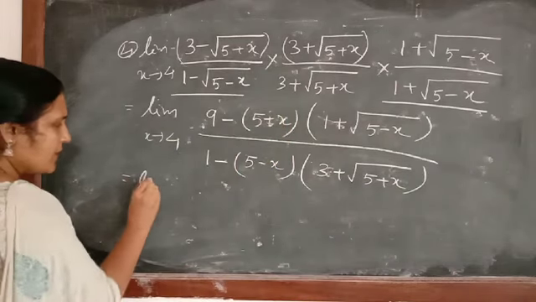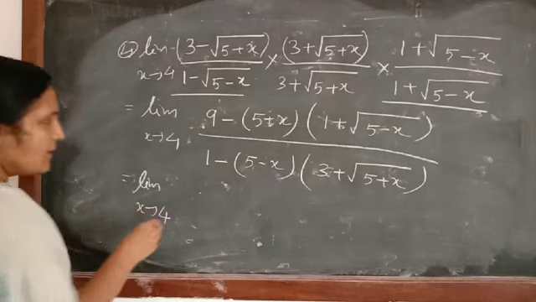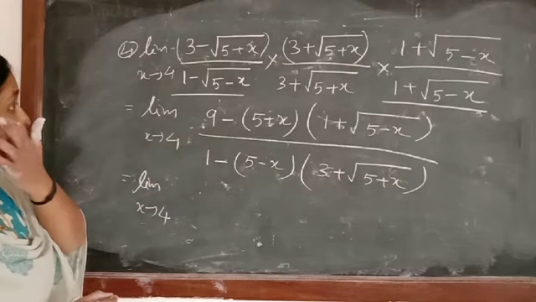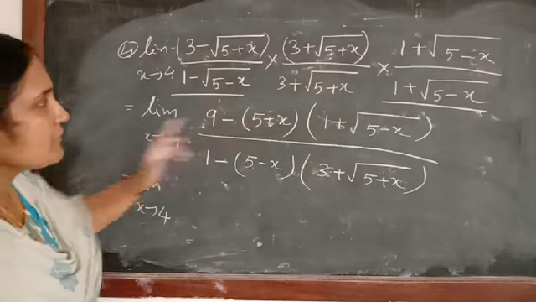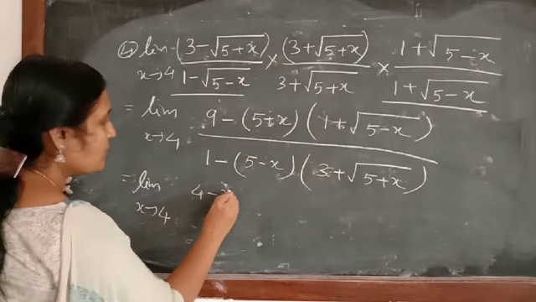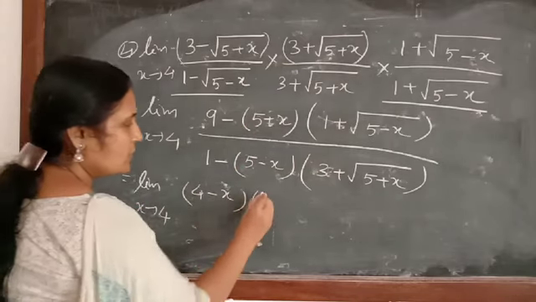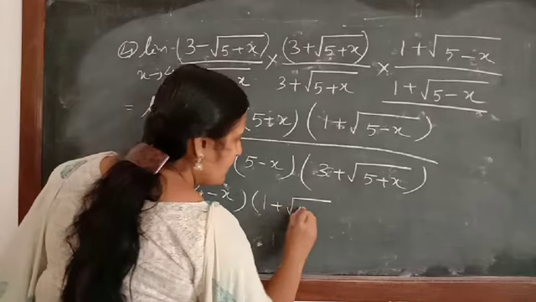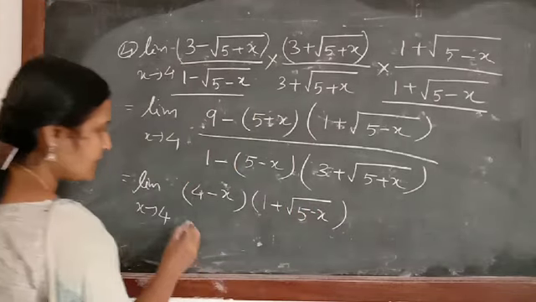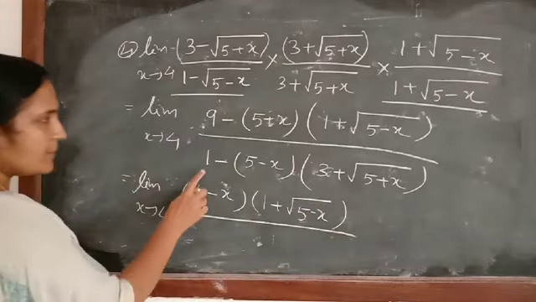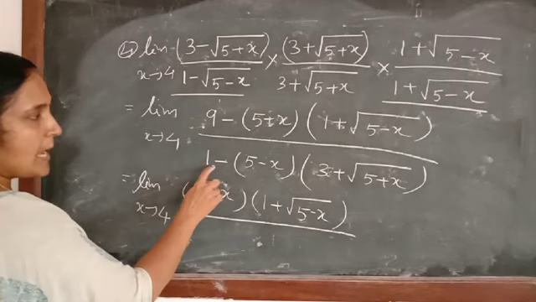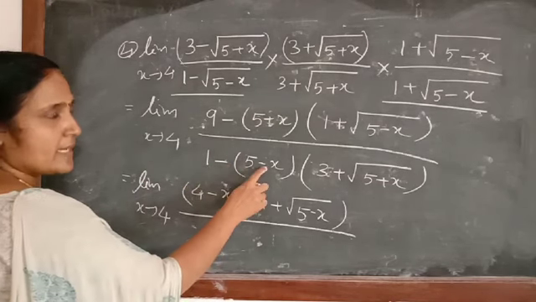Now just to simplify it, when we will multiply here by negative sign, what will come? 9 minus 4. So that will be equal to 4 minus x into 1 plus square root of 5 minus x, by here what will come? 1 minus 5 minus 4. Minus into minus plus.